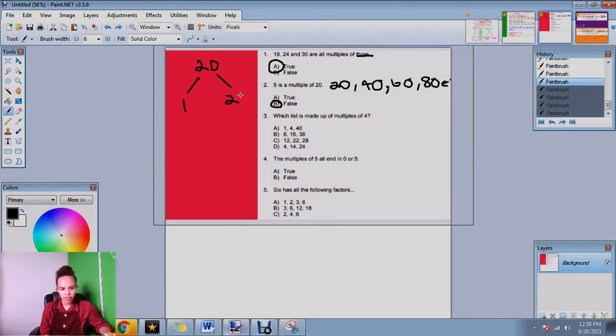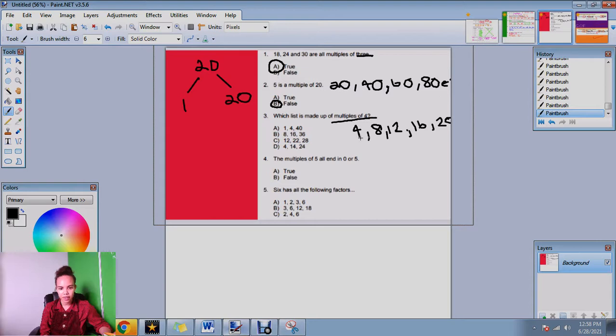Which list is made up of multiples of 4? Okay, so which of these lists are the multiples of 4? Let's go ahead and list some multiples here. So we've got 4, 8, 12, 16, 20.